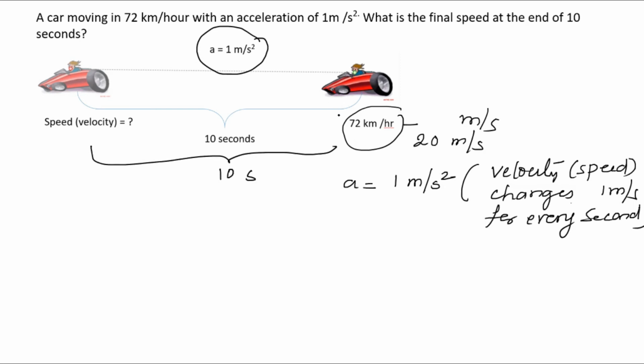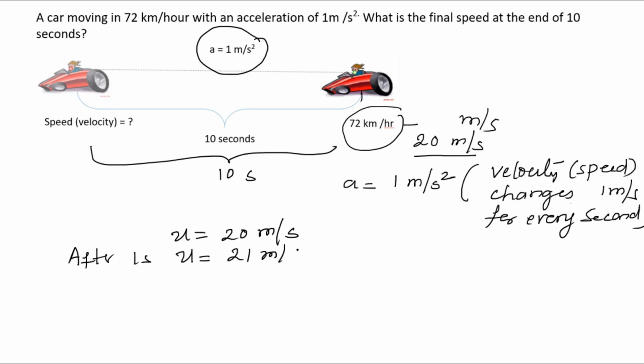So we can start counting from here, 1, 2, 3, 4, 5 and so on in 10 seconds. Starting it is 20 meter per second. And how much is the change for every second? It will be 1 meter per second. So after 1 second, what will be the velocity? That is 21 meter per second, right?